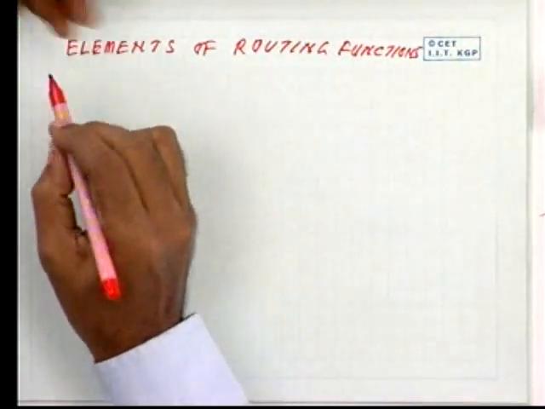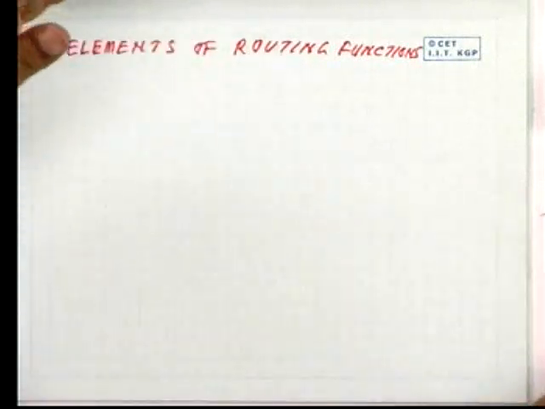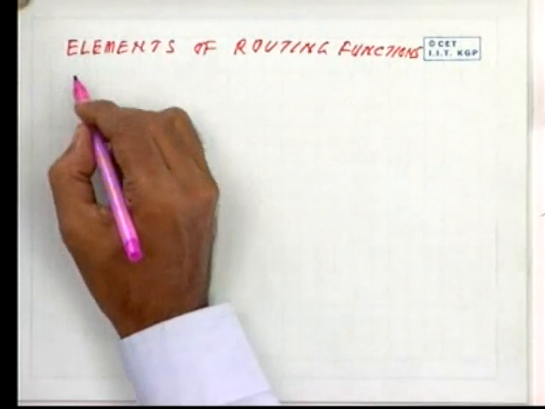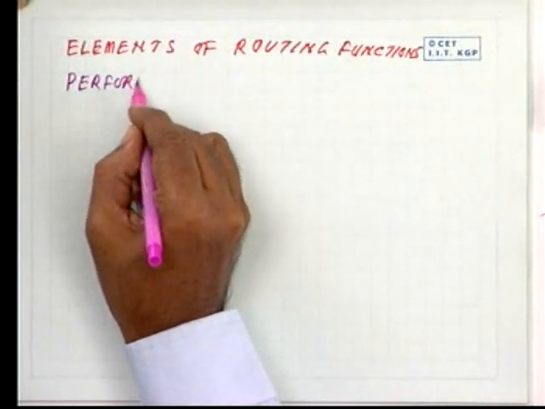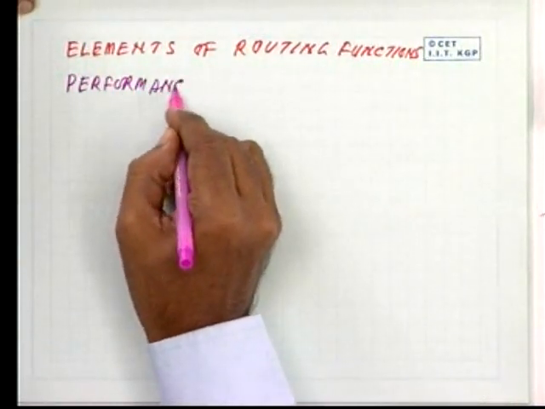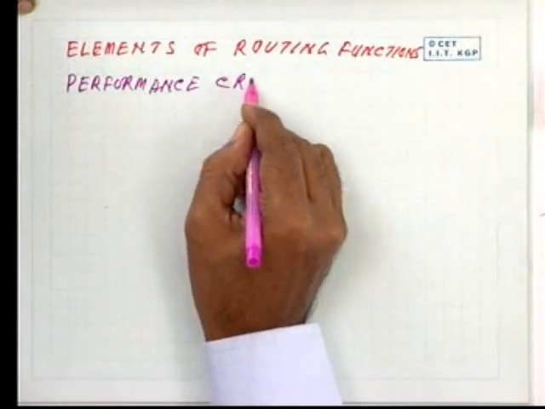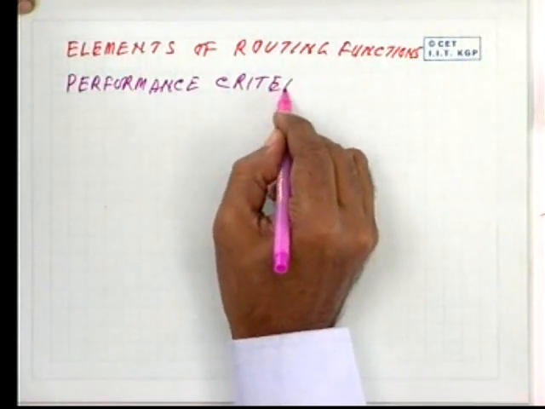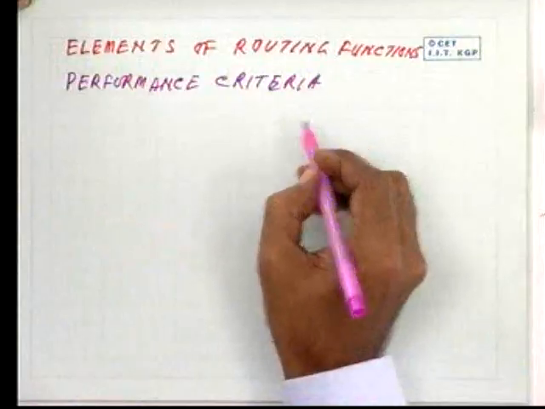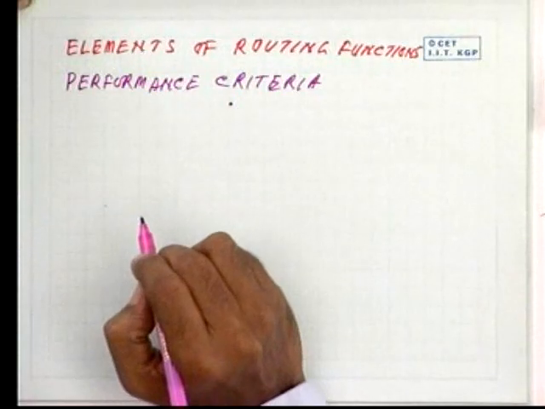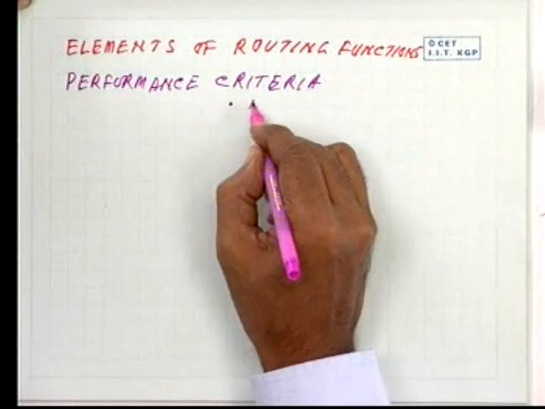First of all is performance criteria. What kind of performance criteria will you use in an algorithm? There are several alternatives. One is, say, the number of hops.